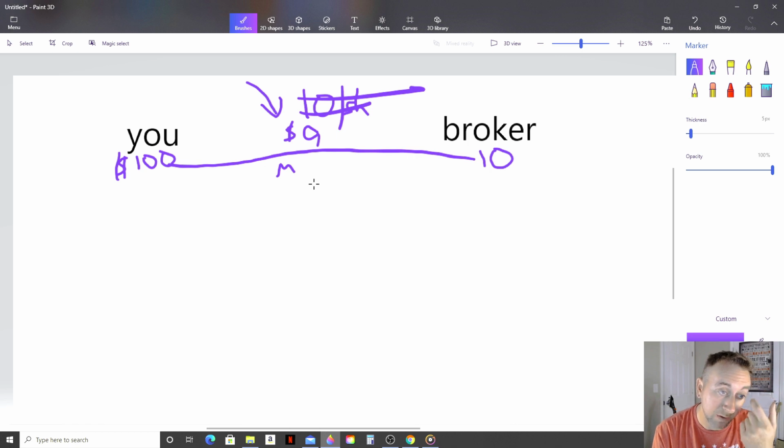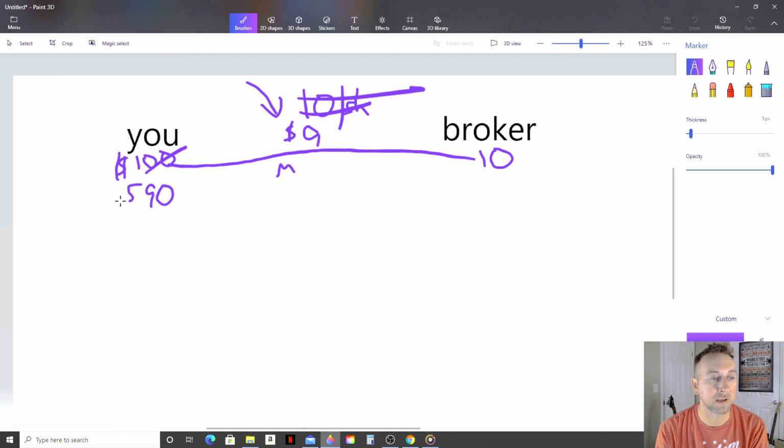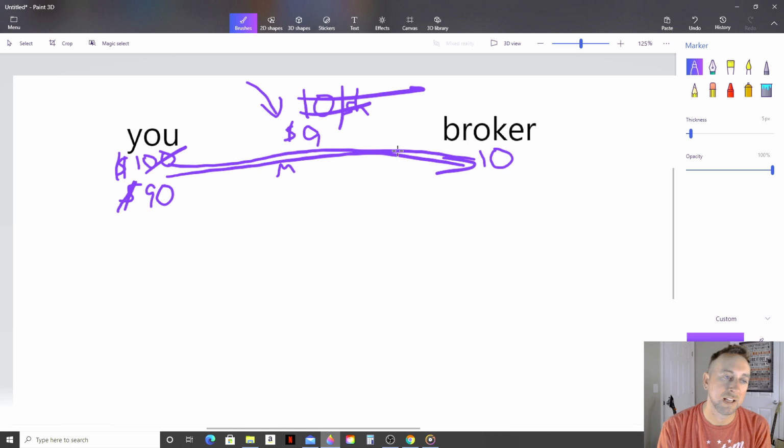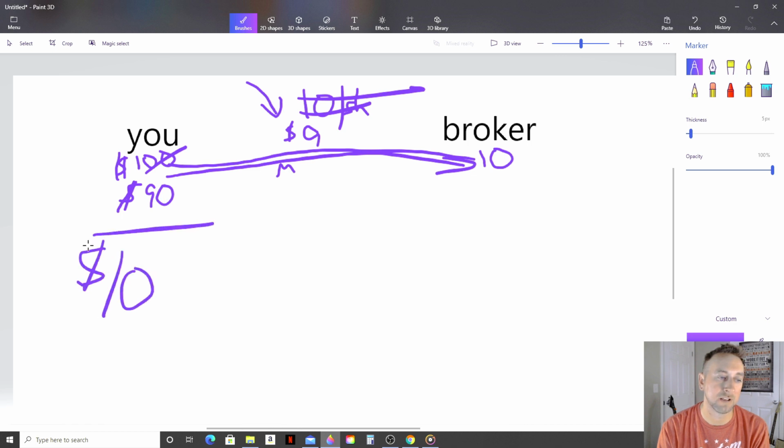So when you buy your 10 shares, you're only going to pay $90 to buy them back, because it went down $1 a share. So now you paid $90 to get the same 10 shares back, and then you return them to the broker. When you return the shares, you get to keep that $10 profit, because 100 minus 90 equals $10 profit. That's how you make money shorting.